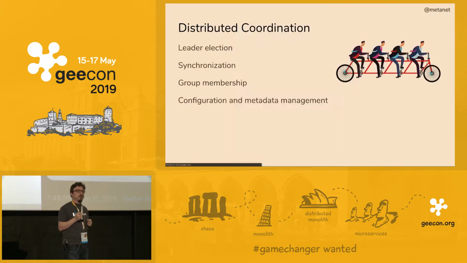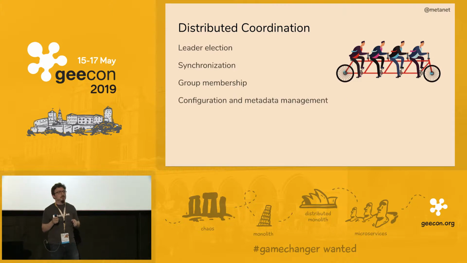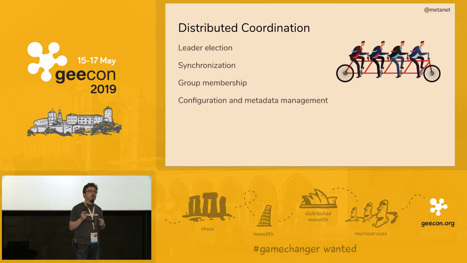So when we have such a distributed environment, coordination plays a critical role. Maybe the most prominent example of coordination is leader election. For instance, we run multiple instances of some service or some component, and we elect a leader among those instances, and the leader becomes responsible for handling incoming requests and also orchestrating the system. Or we may be running a distributed algorithm over multiple components, and they may need to use a synchronization primitive like a lock or a semaphore or a barrier to synchronize their actions while going through this algorithm.